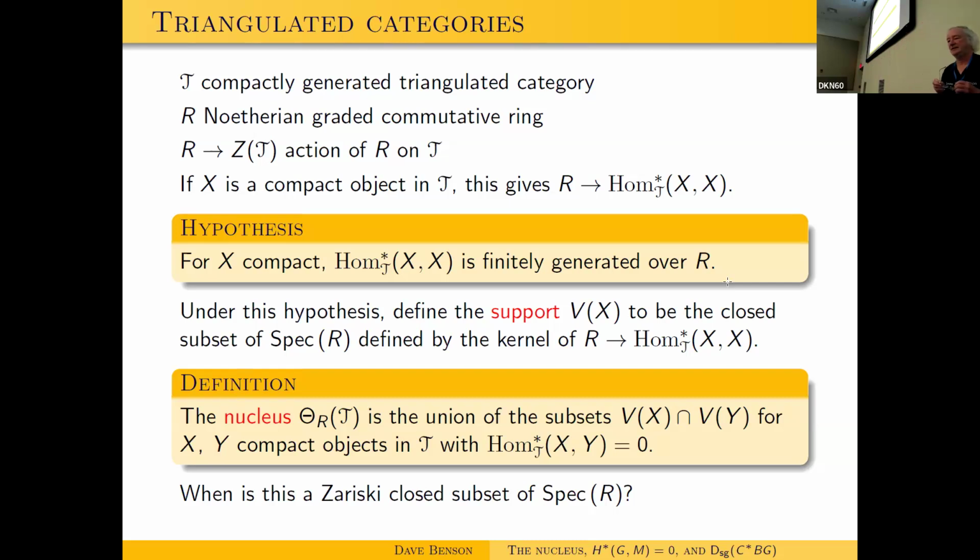And so what you want to do is, if you've got a pair of objects where Hom between them is 0, you want to look at the intersection of the supports. So pretend that you're forming a Hom object, which you can't form, and take the support of that. So really just take the intersection of the supports of the two objects.